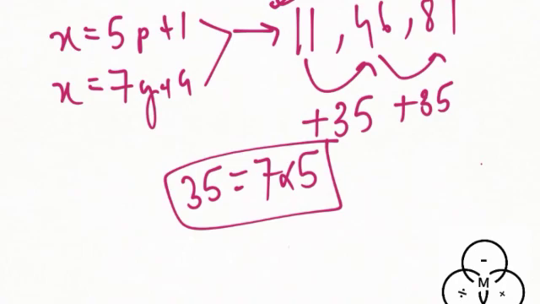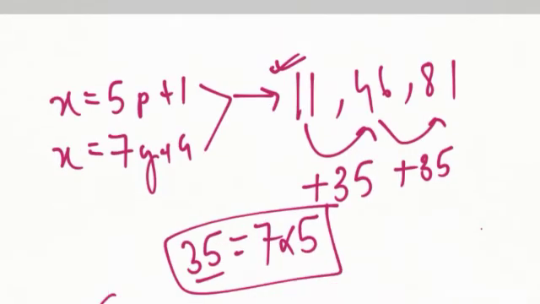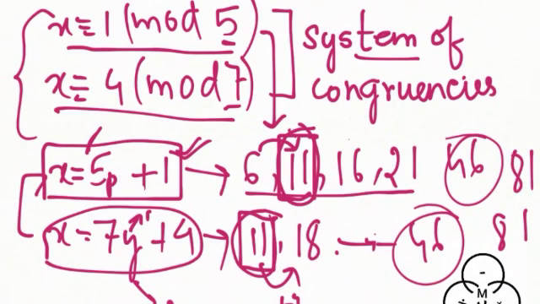The general solution will be the first solution, or any one solution, which is 11 right here, plus a multiple of the product of the divisors, in this case 35, so add a variable t and say that t belongs to the integers. Perfect. So this was your Chinese remainder theorem. Very simple. I hope that you were able to understand, because this is a very simple concept.